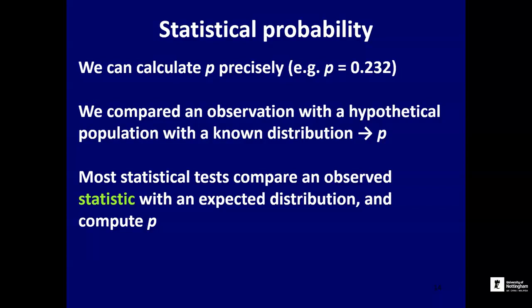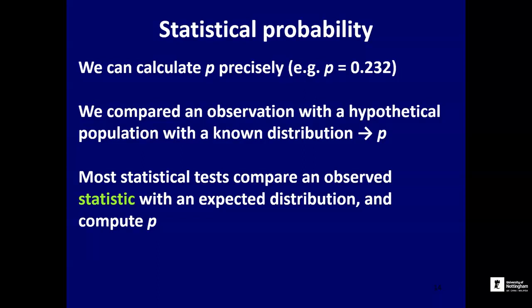And because data sets are often quite complicated, and the sets of assumptions that you might have made, in our case we assumed a normal distribution, can be quite complicated, there is a general process here by which we calculate something called a test statistic from the data, and then ask how likely that is under the assumption of the normal distribution, and that allows us to calculate the p-value.